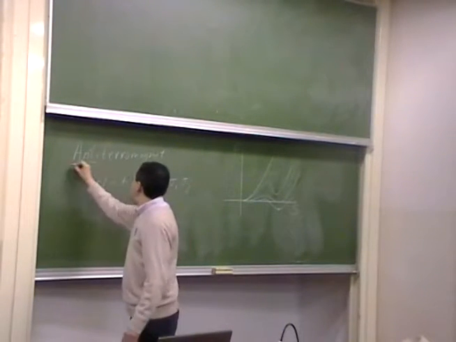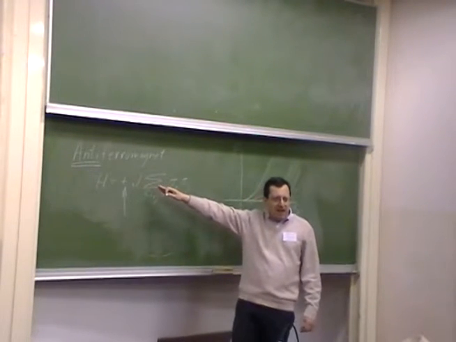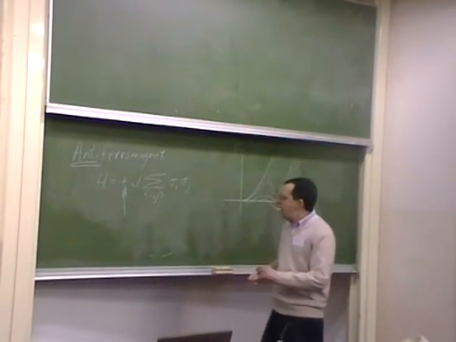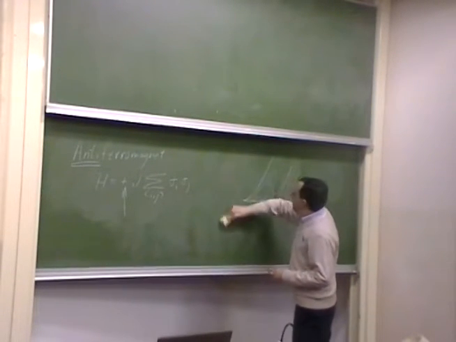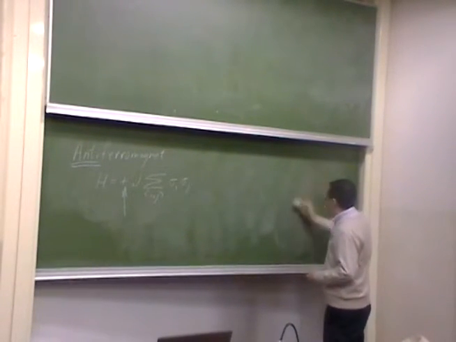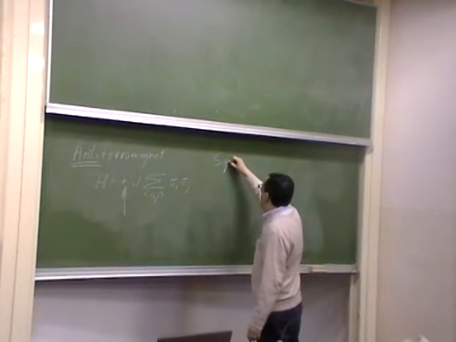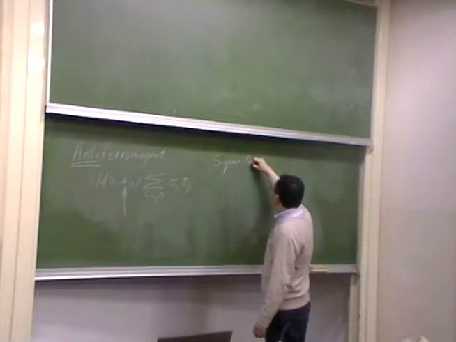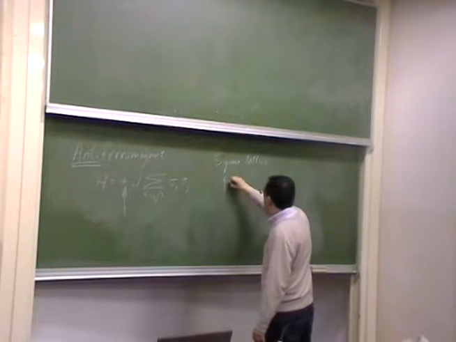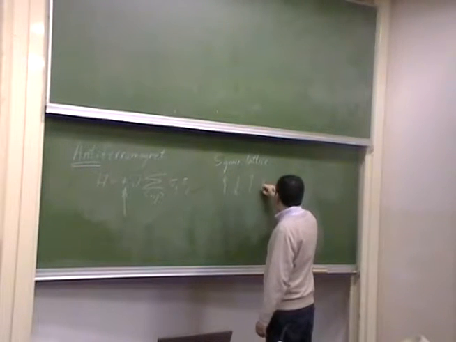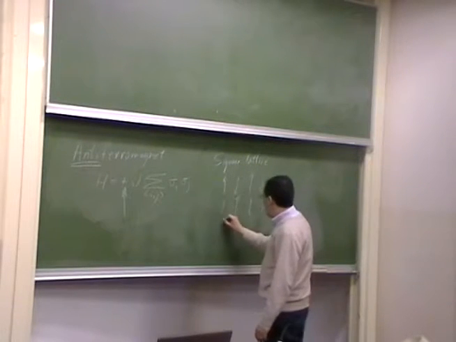That's the anti, is that it has a plus sign here instead of a minus sign, so that it favors having nearest neighbors that are pointing in the opposite direction. So if you have this kind of system on a square lattice, well, that works great. You can have an alternation like this.